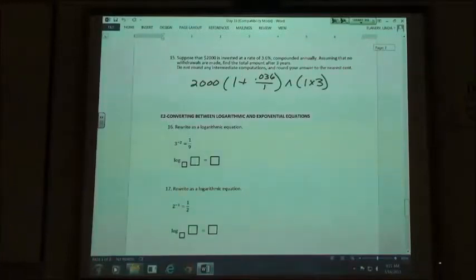So 2,000, 1 plus 0.0, whoops, I forgot my 0 in there. 0.036, 3.